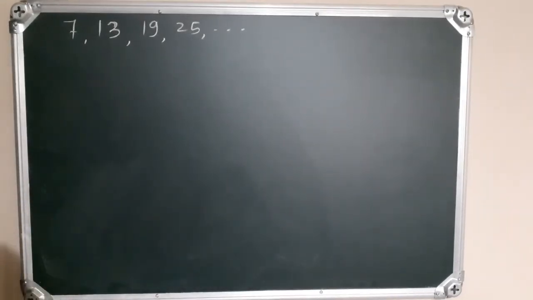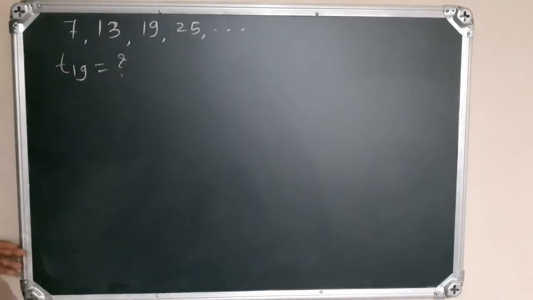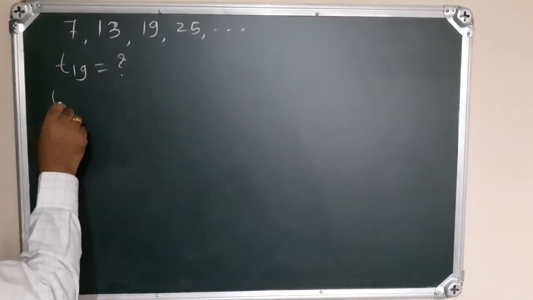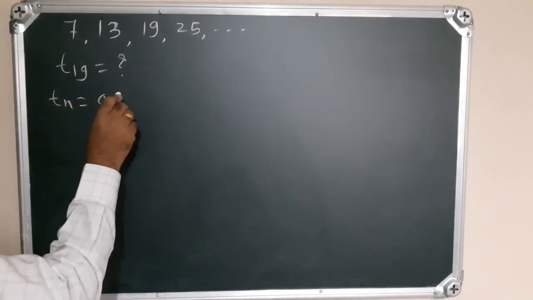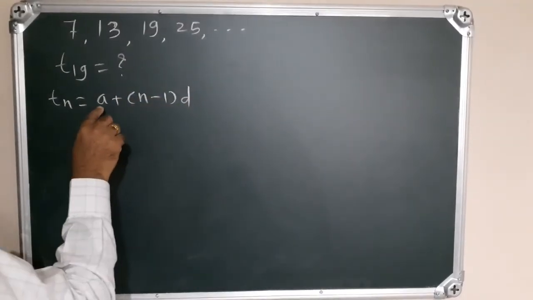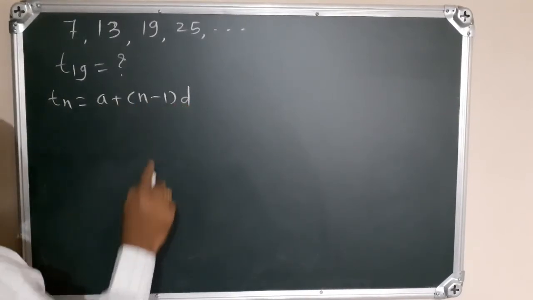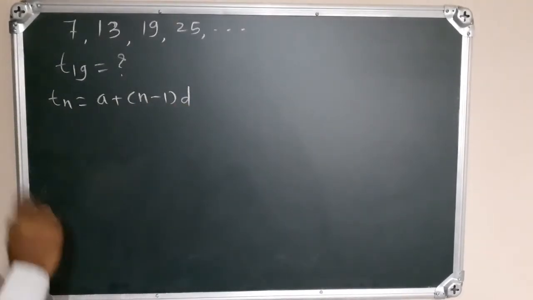So we have to find the 19th term. That means we have to find T19 is equal to question mark. Now see here, we have to use the formula Tn is equal to A plus n minus 1 into D. So we must know the values of A, n and D. Then we can calculate Tn.